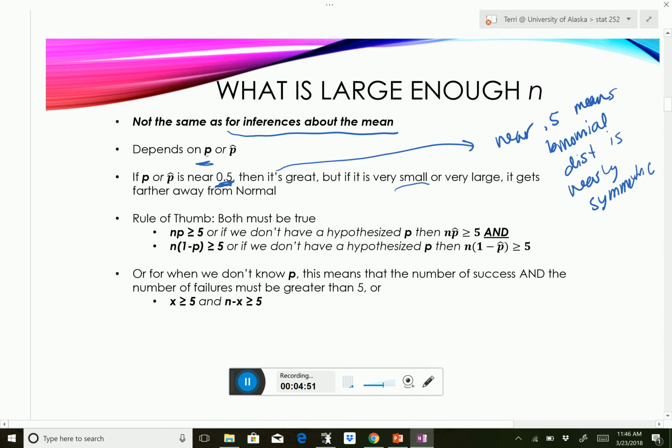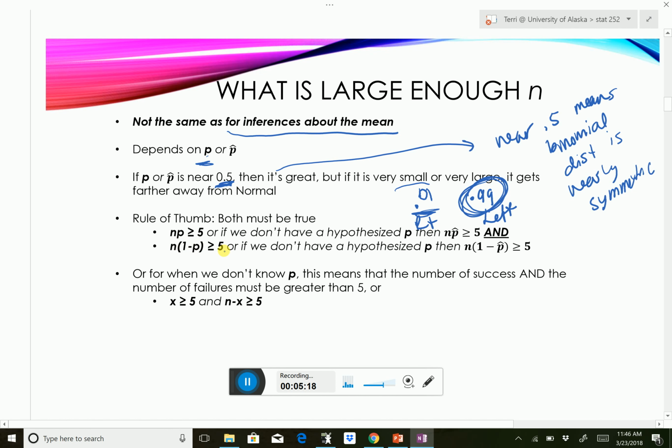But if it's 0.01 or 0.99, remember, if it's 0.01, that's way less than 0.5. That's going to be severely skewed right. This one's going to be severely skewed left. So we have a little bit of a problem because we have to have a large enough n to pull this over to being normal.